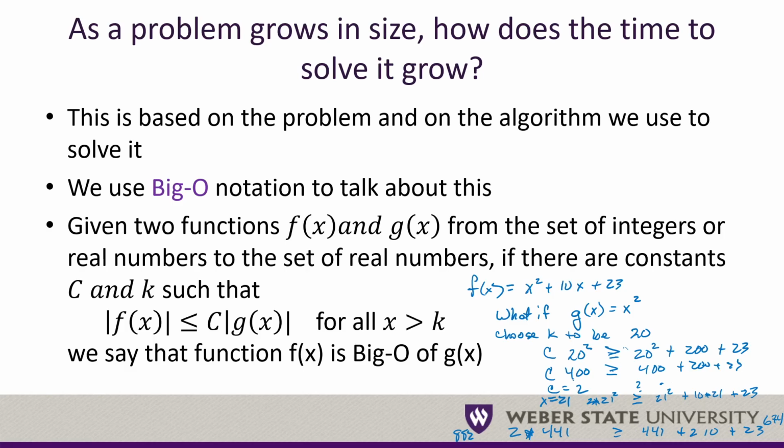So at that point, we can say x squared is an upper bound for this. It will never be worse than x squared, where c is 2. Now, we might find a c that would be a little bit tighter, but the point is how quickly it's growing, not an exact value for our constant.